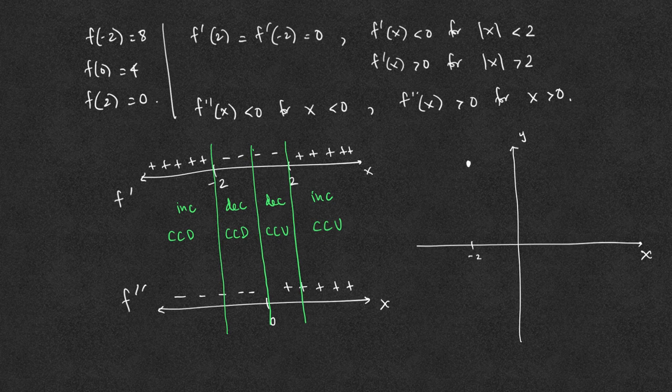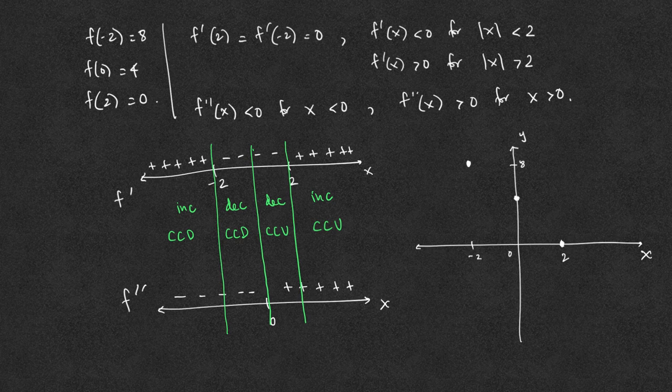When x equals 0, y equals 4. When x equals 2, y equals 0. And so the graph of f has to go through these three points.